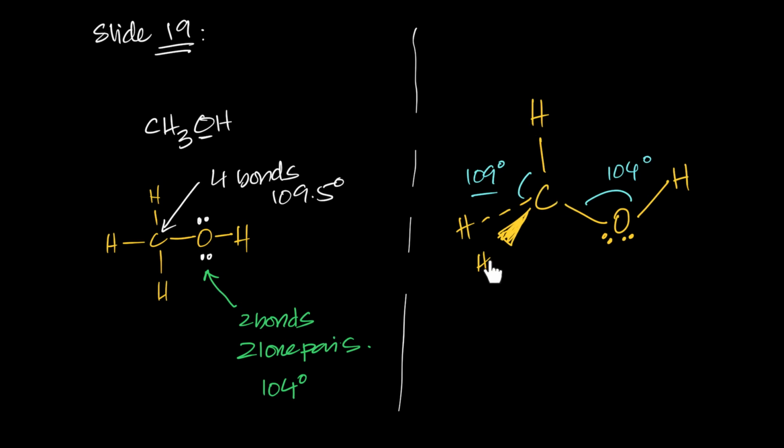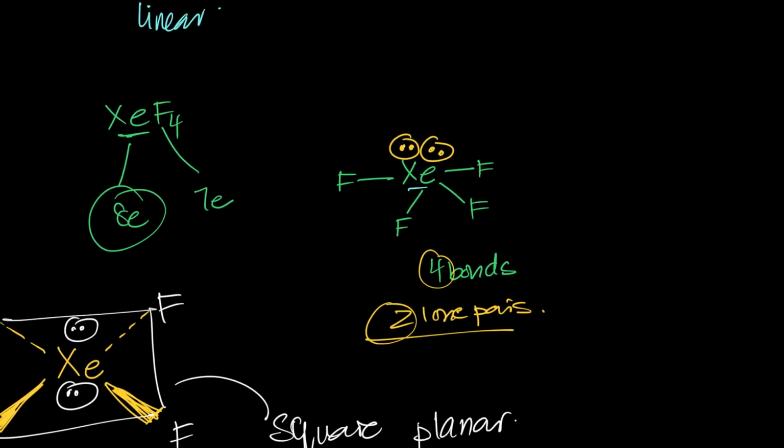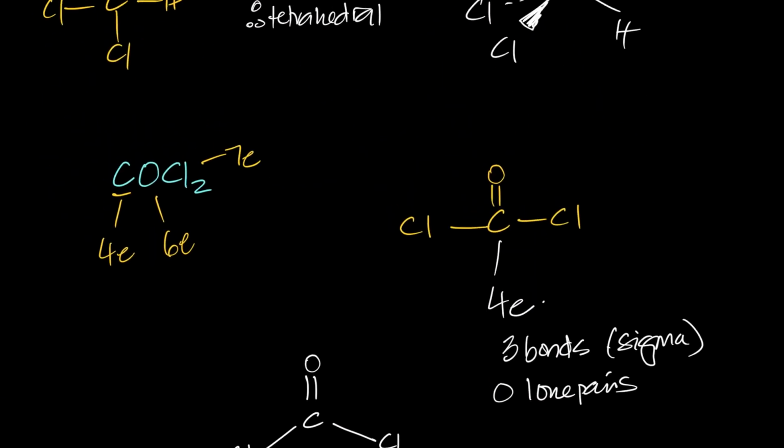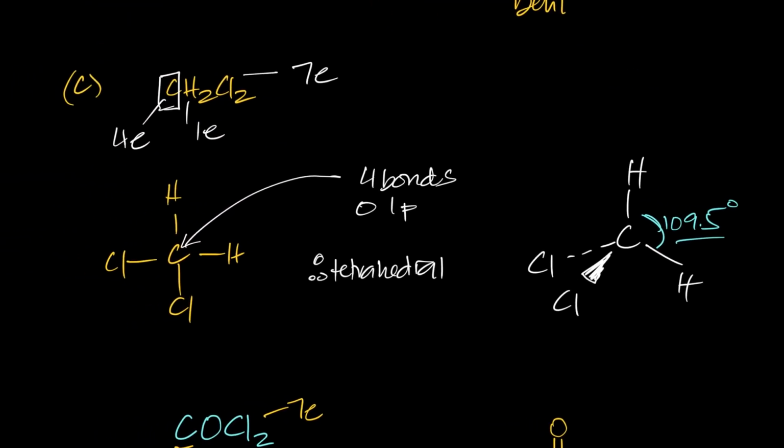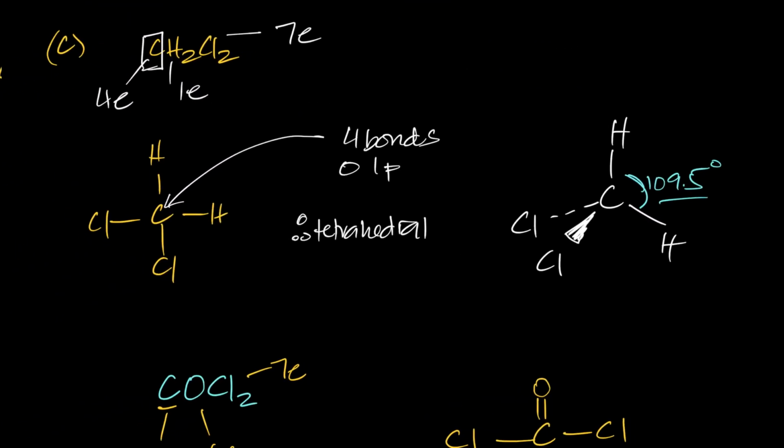It could have been this H, this C, this O, this H also. We'll have to look at it differently. Let me explain what I mean by that. When you look at tetrahedral, this was a good example of looking at tetrahedral. Let's come back here. Remember this question we did? CH2Cl2, just now.